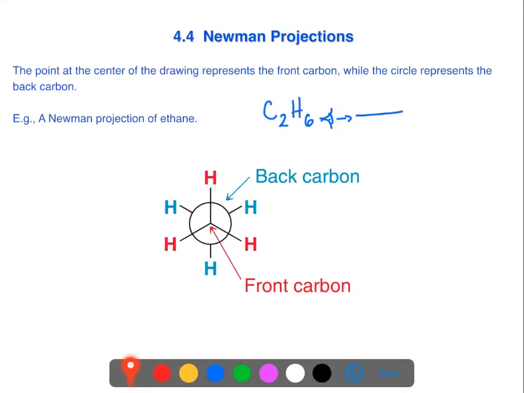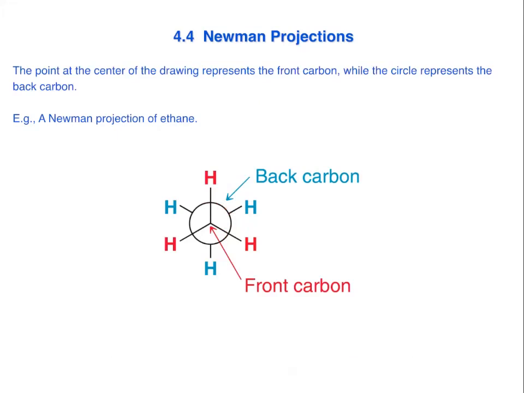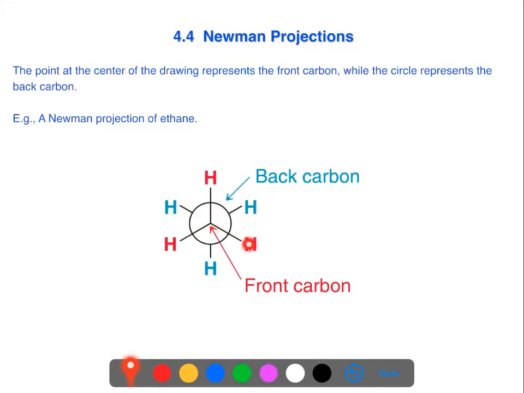So this is one conformation for ethane, where we have the single carbon in front attached to 3 hydrogens. Pardon me, the angle between these two carbon-hydrogen bonds is 120 degrees.